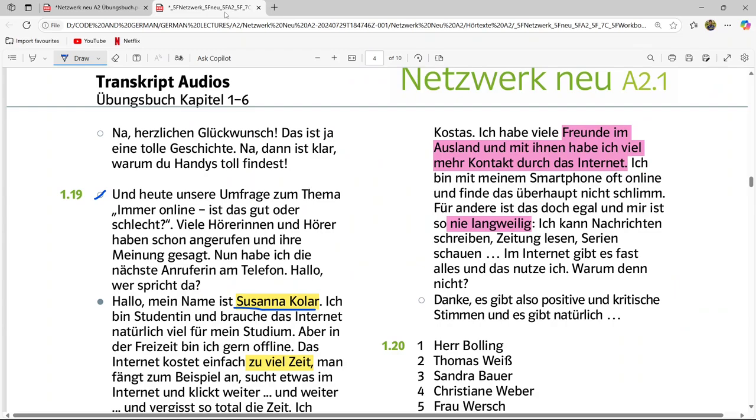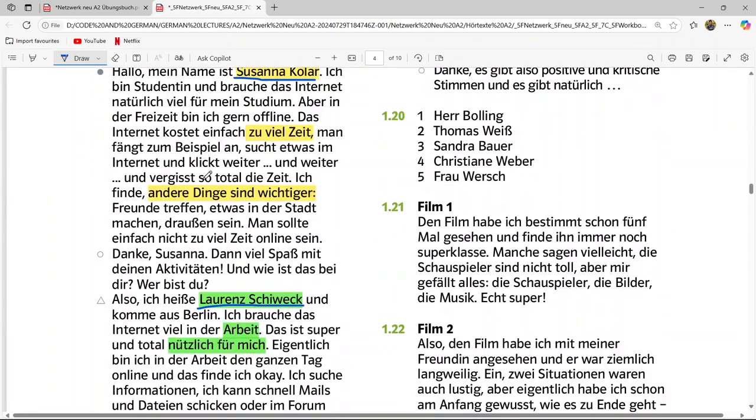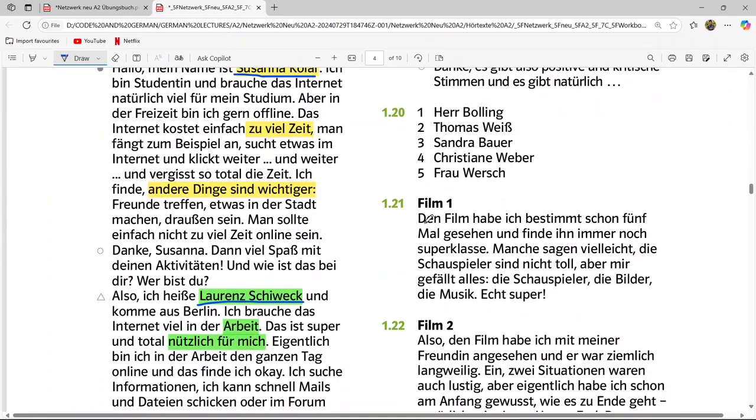Okay, so I will also now play with the audio about film one. Den Film habe ich bestimmt schon 5-mal gesehen. So I have seen the film 5 times. Ich finde ihn immer noch super klasse. So every time I find the film super great. Manche sagen vielleicht, die Schauspieler sind nicht toll. So sometimes people say that the actors are not great.